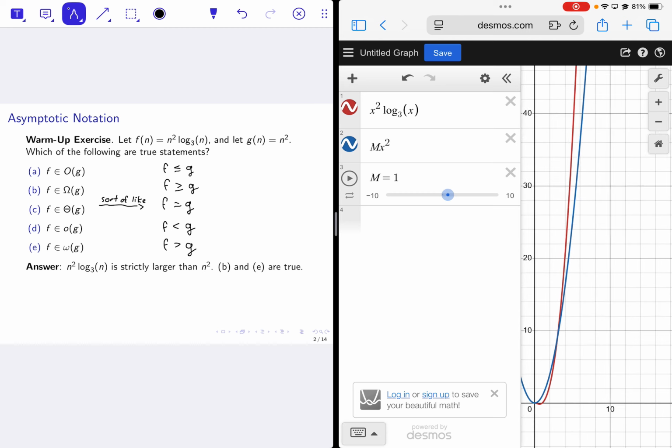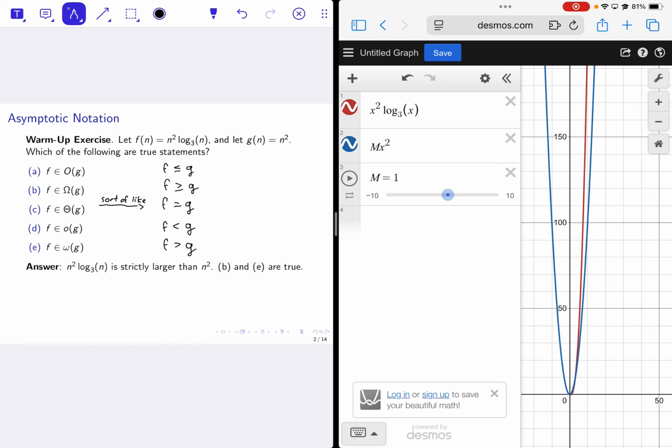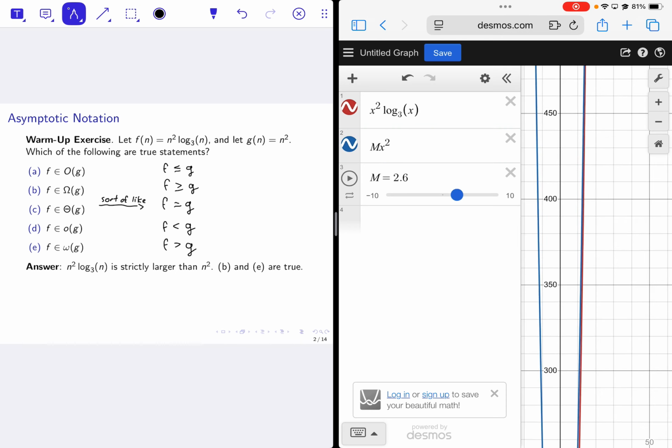So we see that as x gets larger and larger, f of n, so x squared times log base 3 of x, eventually becomes greater than g of n, x squared, and stays that way. Notably, this is true no matter what I set m to.